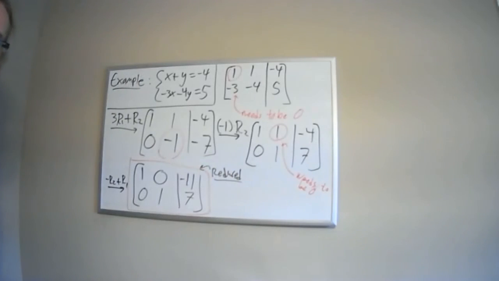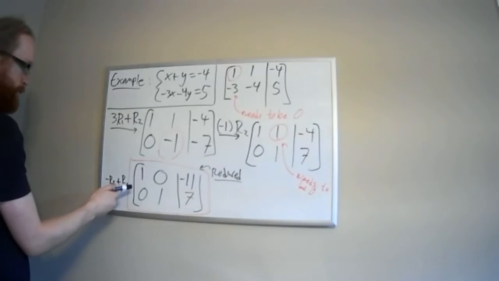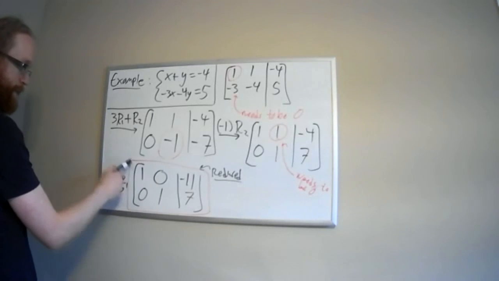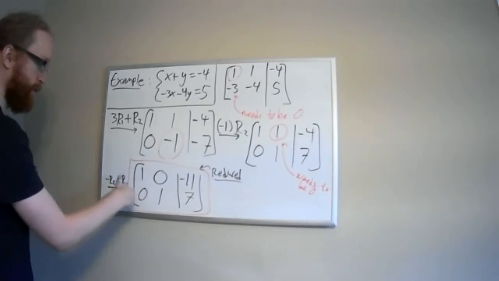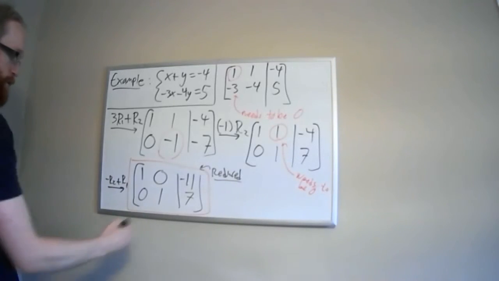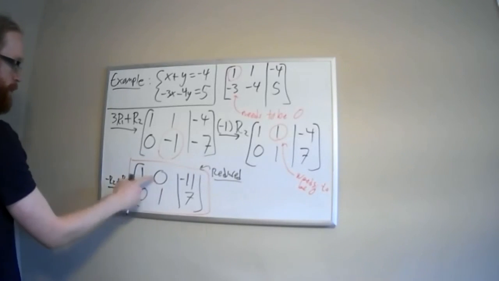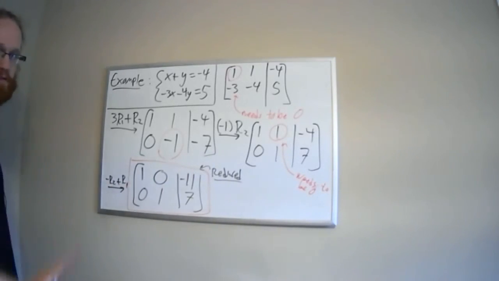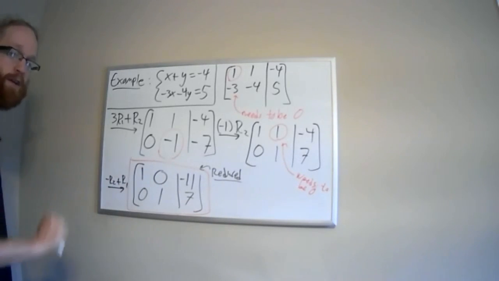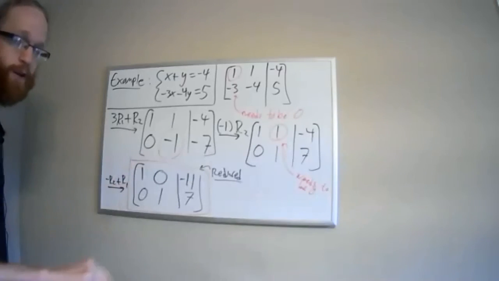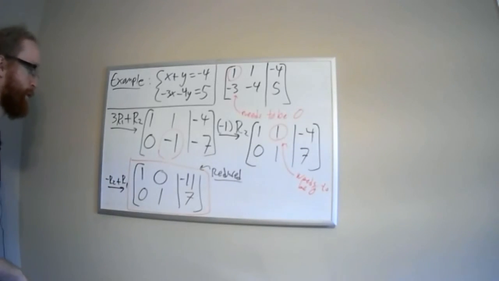One way to notice this is that I have a diagonal of ones, and then everything else is 0 to the left of the bar. So I only really care about to the left of the bar. If you see this, you know your matrix is reduced, and you know you are done solving the matrix problem.